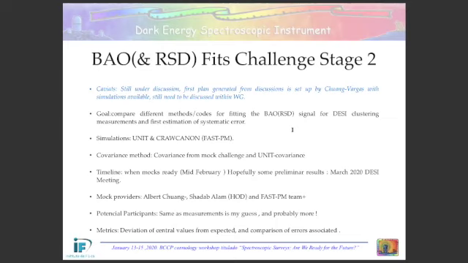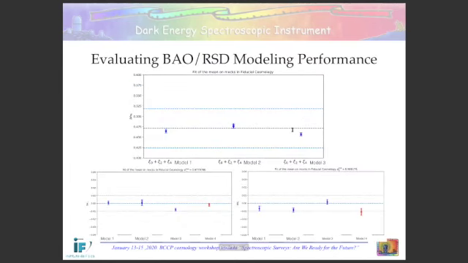The idea is to probably use UNIT and Crow Canyon for these fitters, provide the covariance coming from this covariance challenge, and then compare the different metrics, again the deviation from the central values and the comparison of the errors, using the same inputs for everybody. This is the kind of output that we want to get from this exercise.